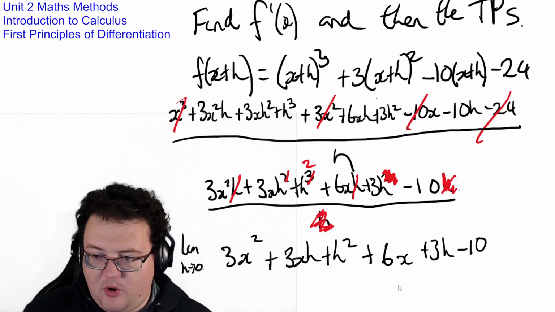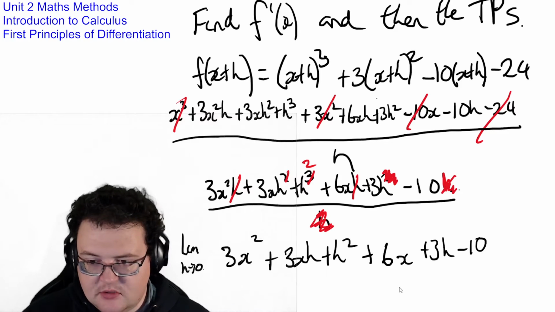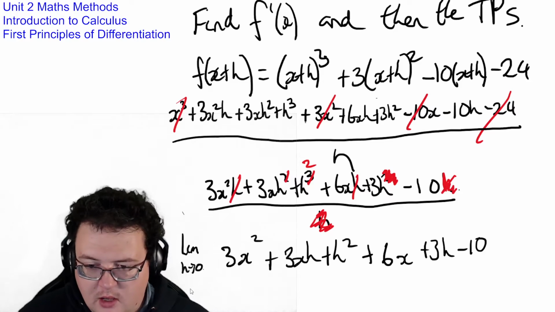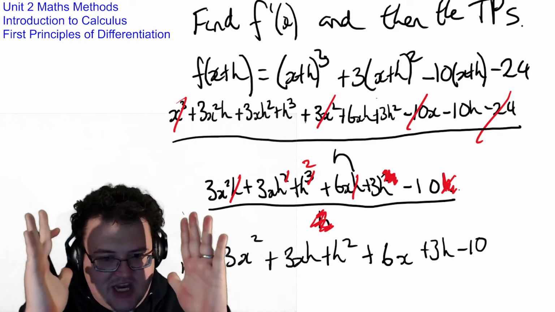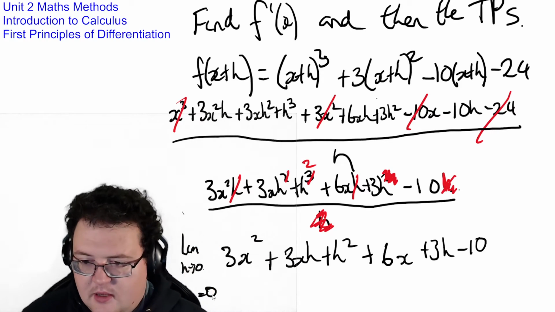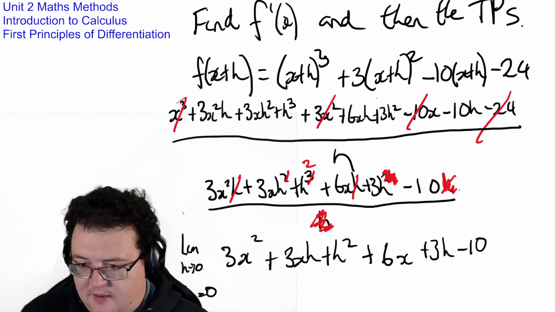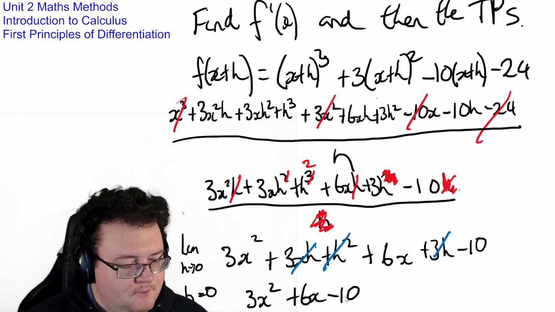Now that I've gotten to this point here, where I only have h's, now is when I can go, okay, cool, my gap is now so small that it might as well be 0, so I'm going to say it's 0. That means this becomes 0, this becomes 0, and this becomes 0, and I'm left with 3x squared plus 6x minus 10.